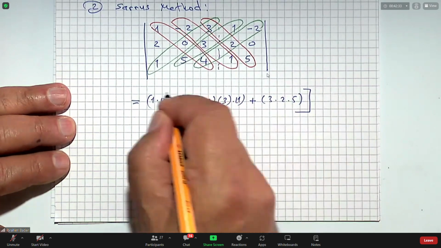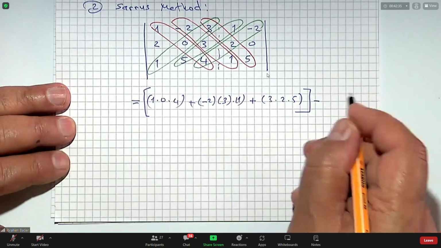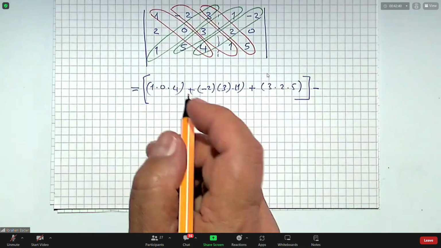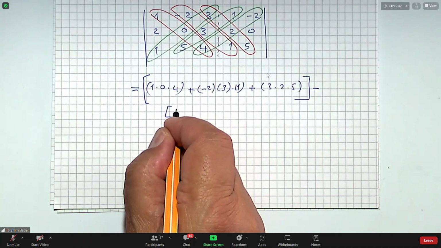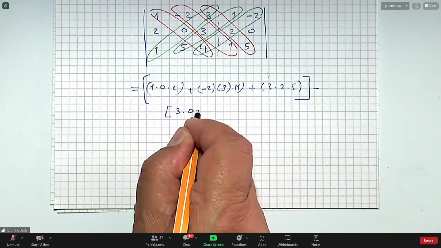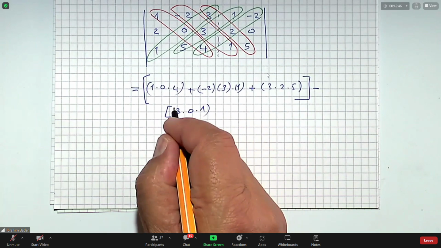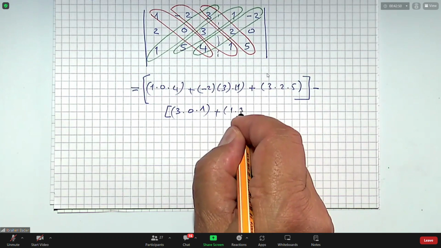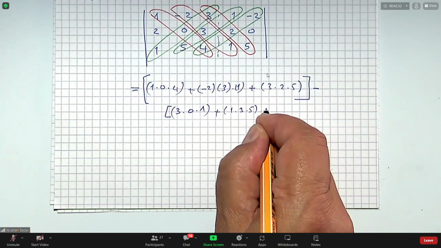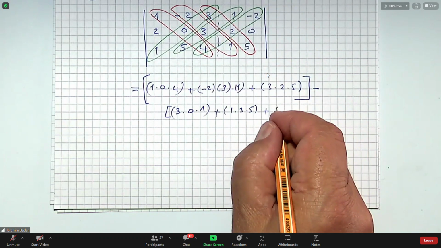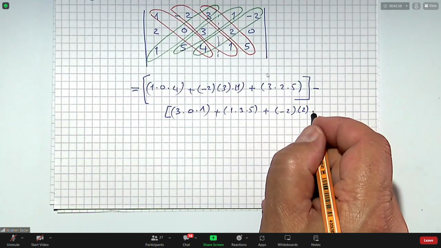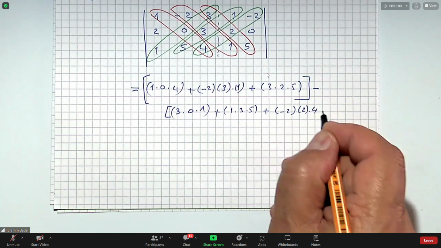So this all we need to subtract from this side here. 3 times 0 times 1 plus 135 plus negative 2, 2 and 4. Okay.